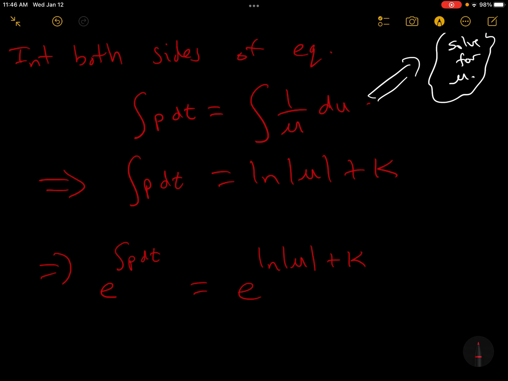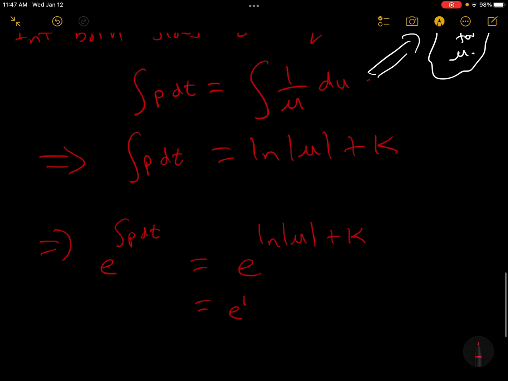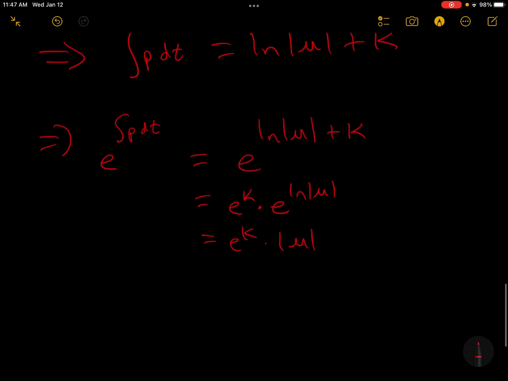do some algebra on the right-hand side. We have e to the k times e to the ln of mu. And e to the ln of anything is the anything, so I have e to the k times the absolute value of mu. And I'm going to let e to the k equal 1. So this becomes the absolute value of mu.